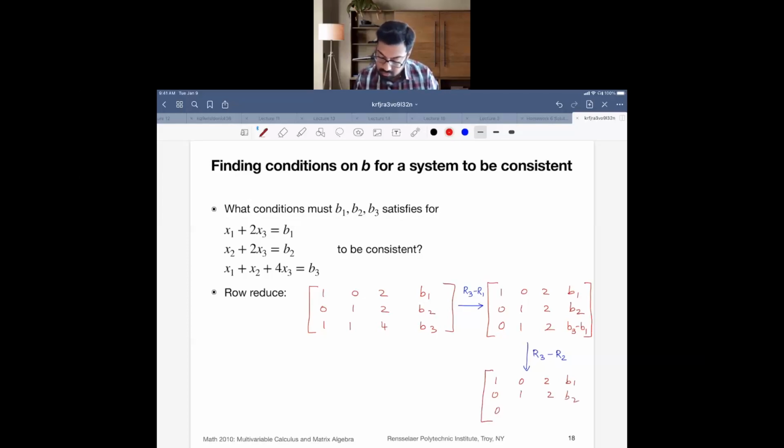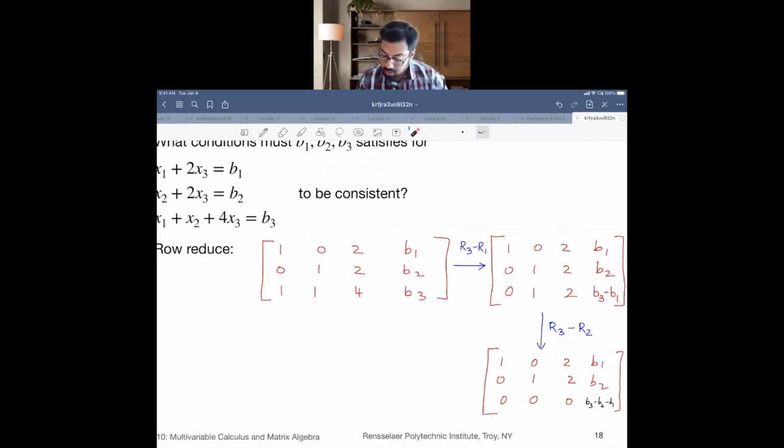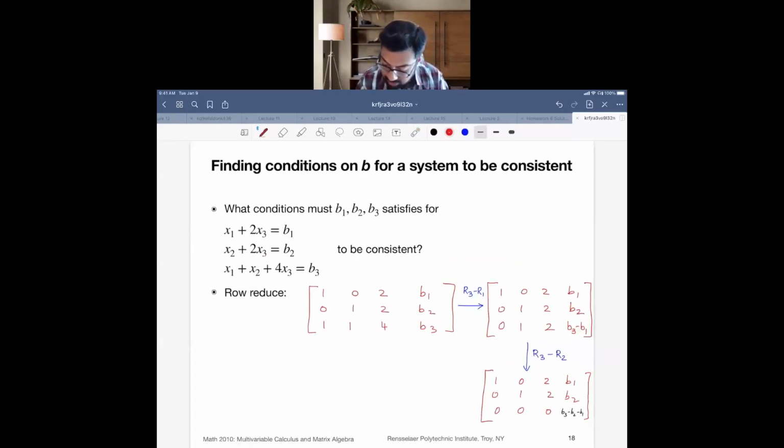Then I'll have 0, 0, 0, and the last one will be B3 minus B2 minus B1. Now, for checking the consistency of the system, we know that it will be consistent if all of this goes to a 0, right? Otherwise, we'll have 0x1 plus 0x2 plus 0x3 equals that. So for consistency, we know that B3 minus B2 minus B1 should be equal to 0.